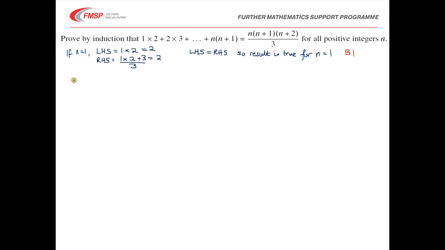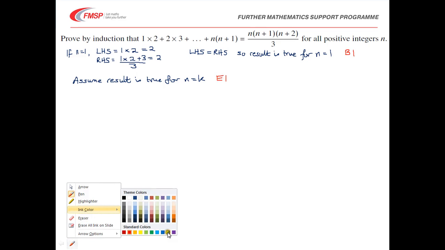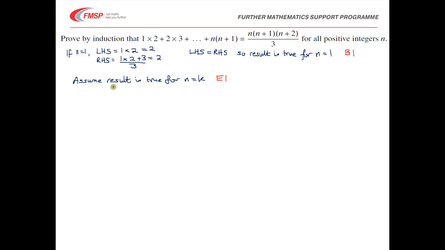Okay, the next step is to write down, assume result is true for n equals k. And that is the first of your explanation marks. Note that you're assuming the result is true for n equals k. You're not assuming that n is equal to k, because obviously we want this result to be true for all values of n.